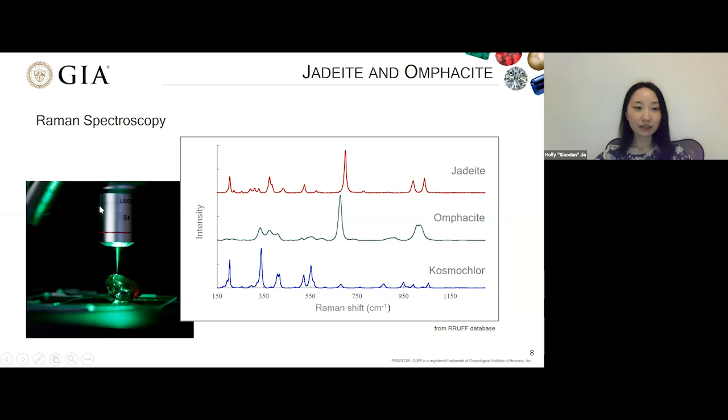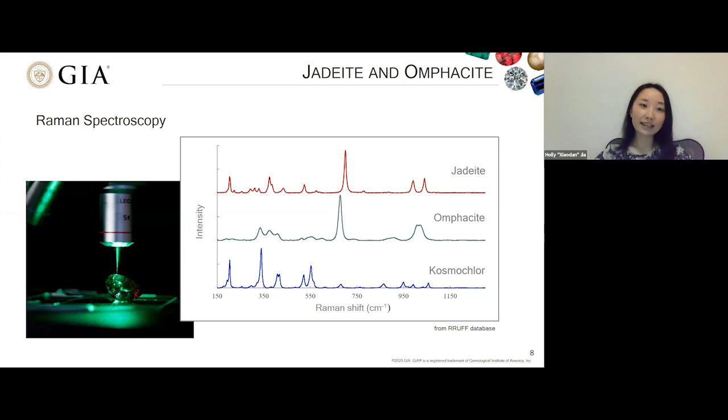Nowadays, these two very similar minerals can be accurately separated based on some spectroscopic or chemical analysis. For example, Raman spectroscopy is one of the important technologies used in GIA labs for jade testing. So Raman spectroscopy basically provides some detailed information of the molecular structure of a different material.